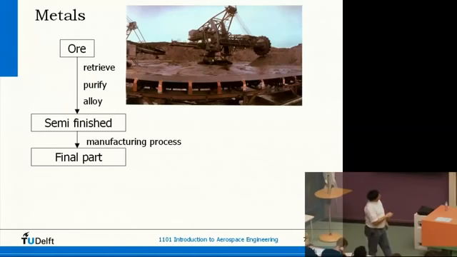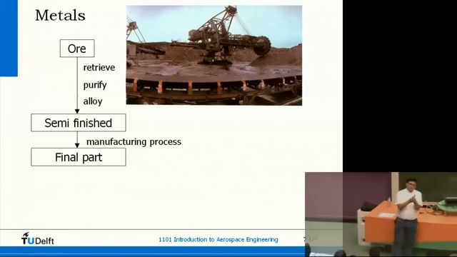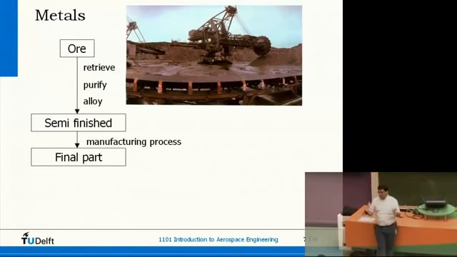Purification means that you try to remove all the materials you don't need. If you have, for instance, iron ore, that usually comes in pellets, small bits of rock where the iron is inside, you try to remove all the non-usable materials. So extract the iron from it. And all the phosphor and sulfur which is coming with it, in many cases, should be removed. Purification.